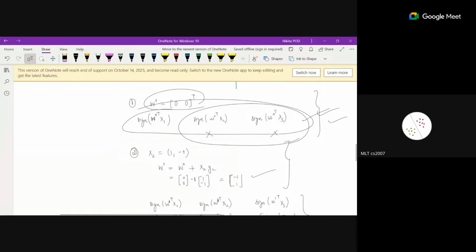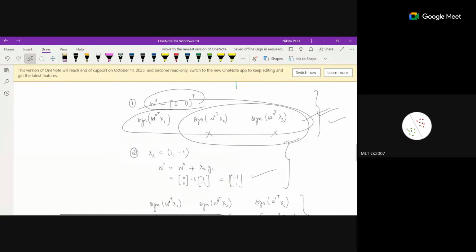When we say linearly separable with some gamma margin, what we mean is that for the data set D that you have, there should exist some W star belonging to R^D such that W star transpose Xi, Yi should be greater than or equal to gamma for every i, and gamma should be positive. So this is the linear separability condition.